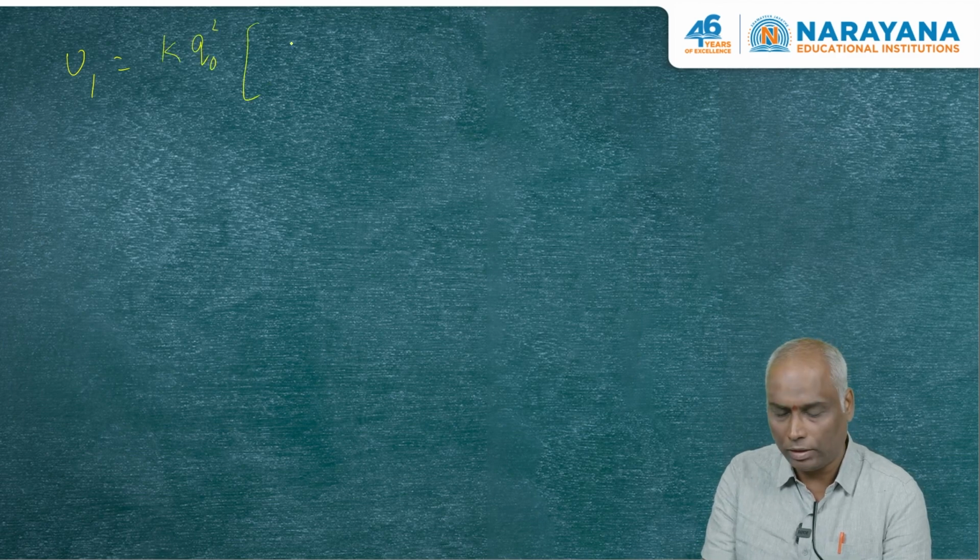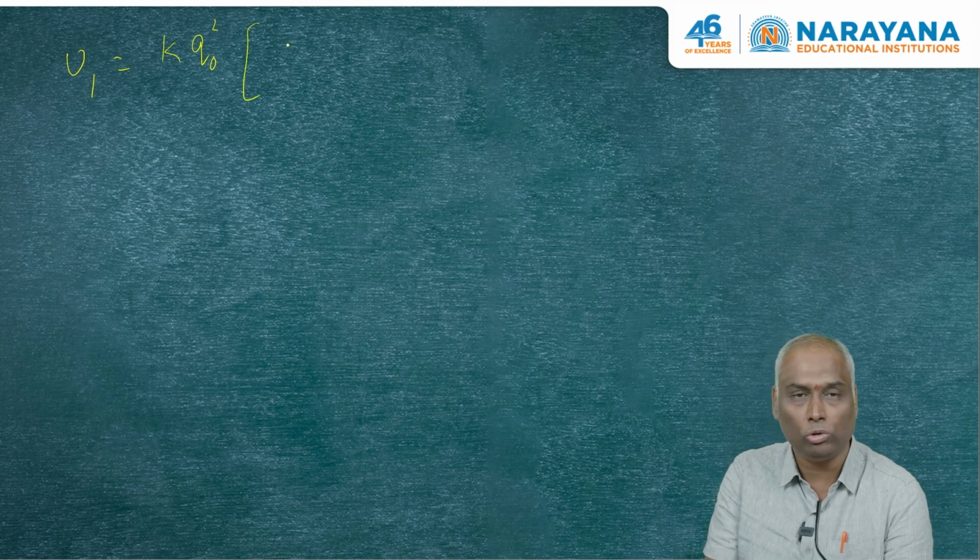In this one, there are four interactions due to a pair of point charges lying at the corners of a side. Because I've taken q naught square common, we are going to get four pairs divided by the distance a.